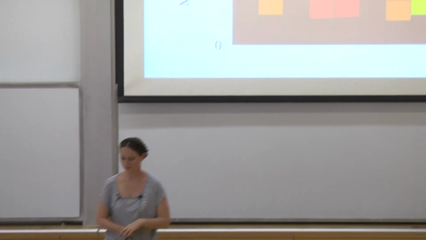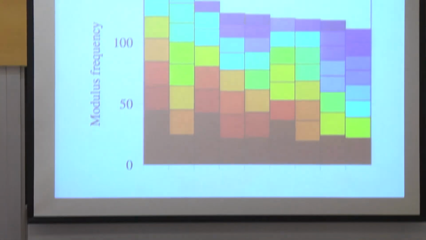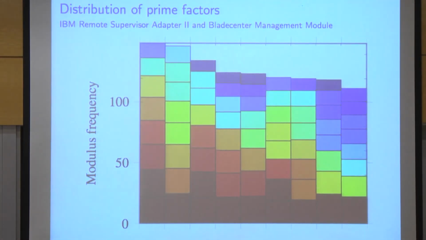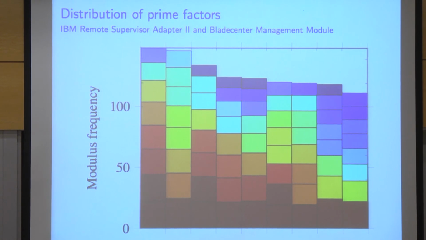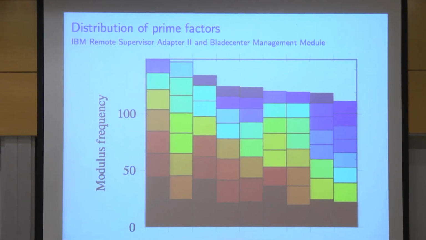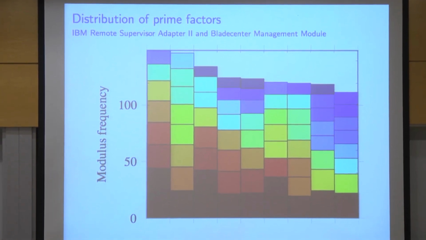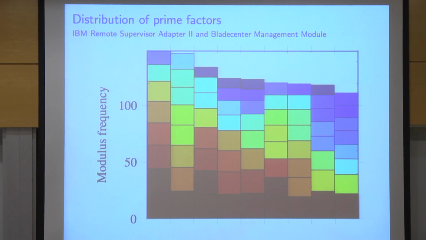This is a plot of the prime factors that were generated by the IBM Remote Supervisor Adapter 2 and BladeCenter Management Module. These are lights-out management cards sold by IBM.